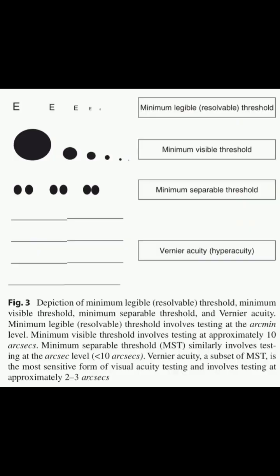If they are separated by a minimal distance that can be recognized by the human eye, the angle that minimal distance subtends at the nodal point of the eye is called the minimal separable threshold, MST. It can be measured using gratings and checkerboards, and it tests acuity at the level of less than 10 arc seconds.